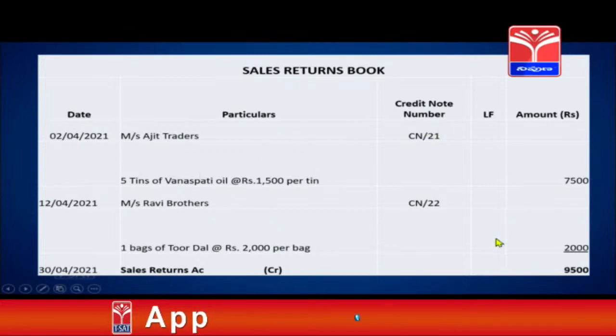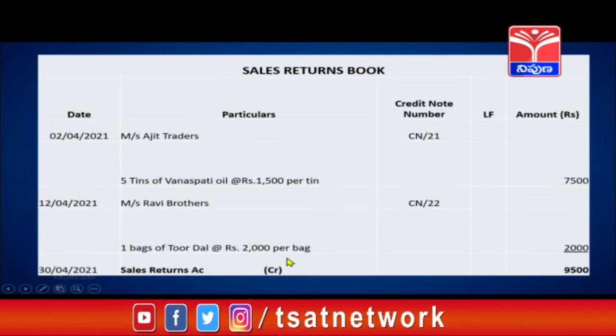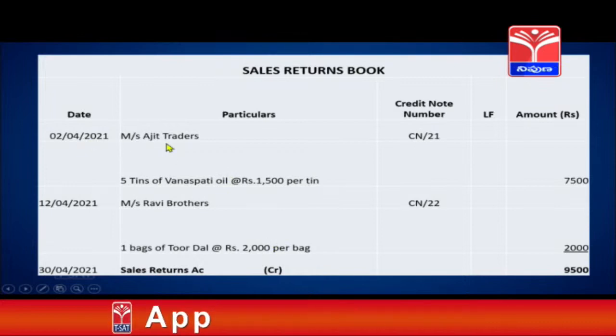So here in the April month you got total sales returns of 9,500 rupees. So this total is transferred to sales returns ledger, and also as and when you got the sales returns, the customer's account should also be credited with the value of the goods returned, mentioning the credit note number.